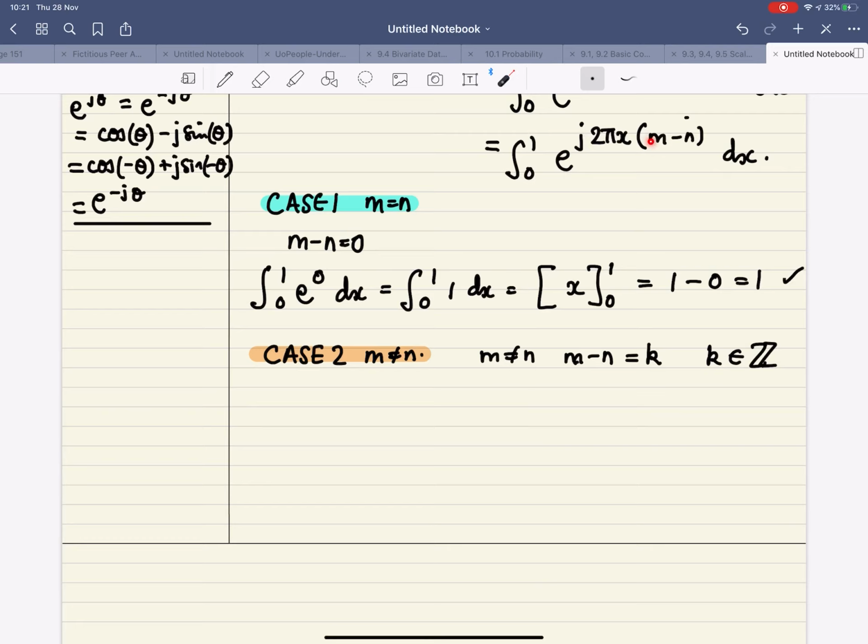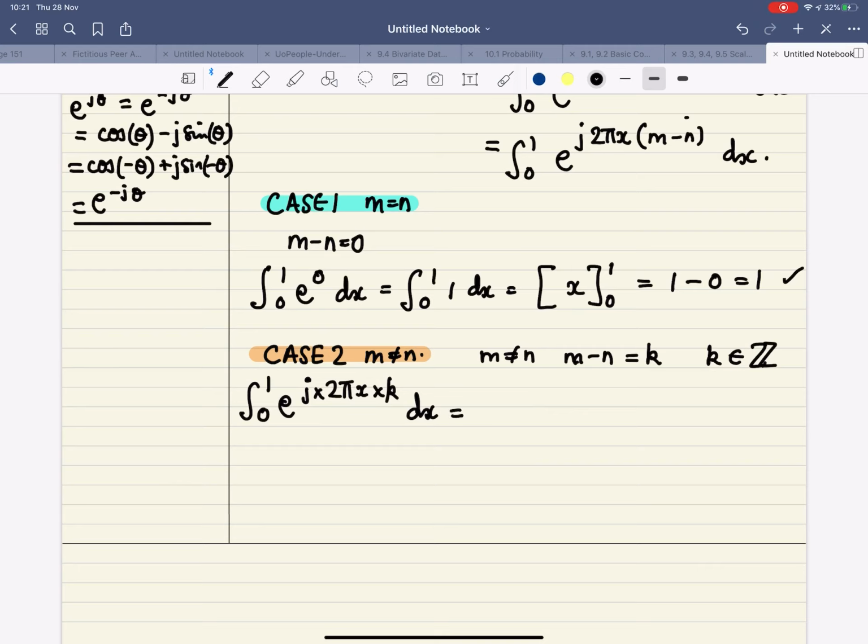So up here, instead of writing m minus n, I'm just going to put k, to simplify things a little bit. So the integral becomes the integral from 0 to 1, e to the j times 2 pi x times k dx. This is where I need to be careful. If you remember, e to the j theta is cos theta plus j sine theta.